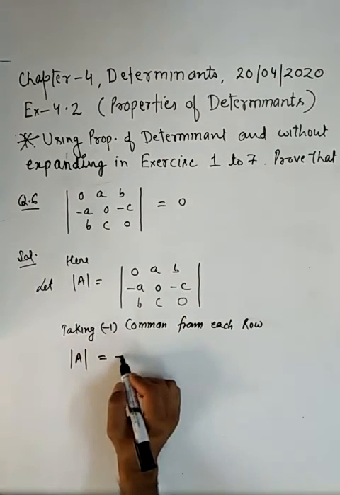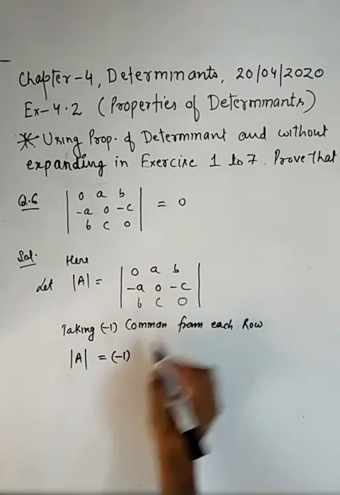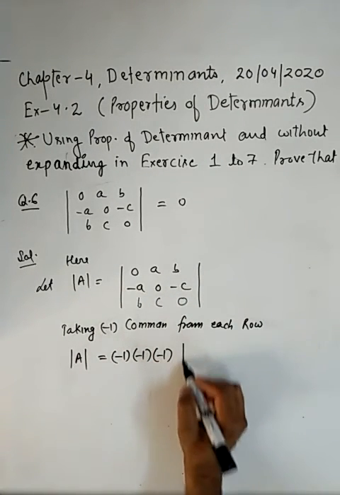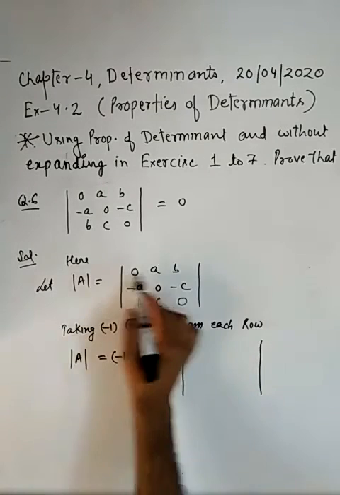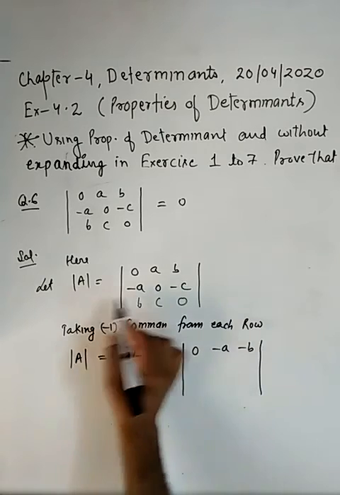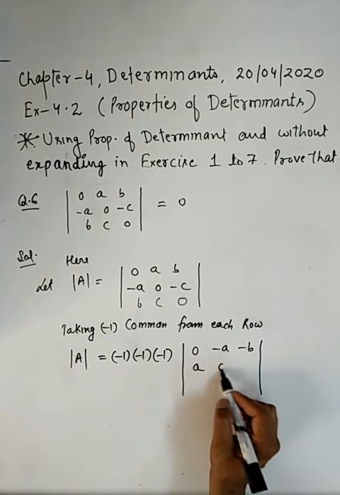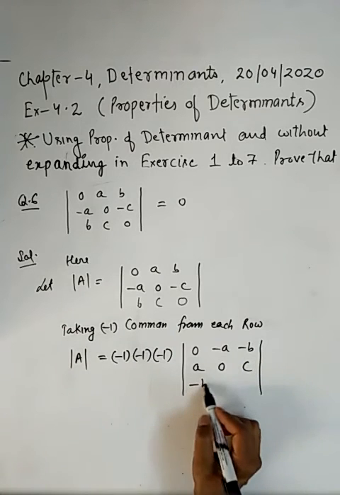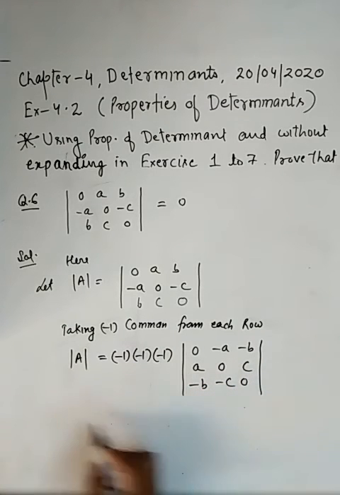Taking minus 1 common from this and minus 1 from this one, the sign will change. Minus is common, so 0, minus A, minus B; minus common, A, 0, C; minus common, minus B, minus C, 0.